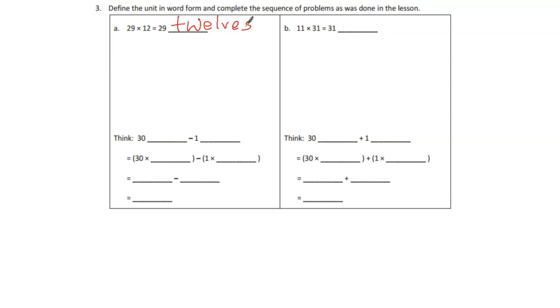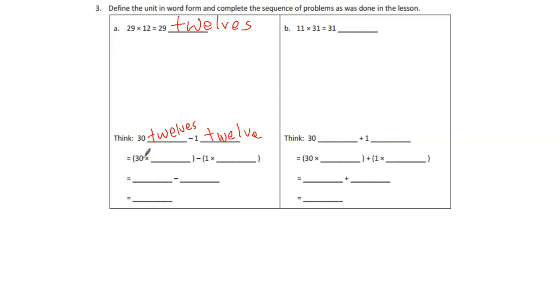It says blank 12s, or excuse me, 30 12s minus 1 12. It does have room for us to draw the tape diagram, but it doesn't ask us to, so we're not going to.